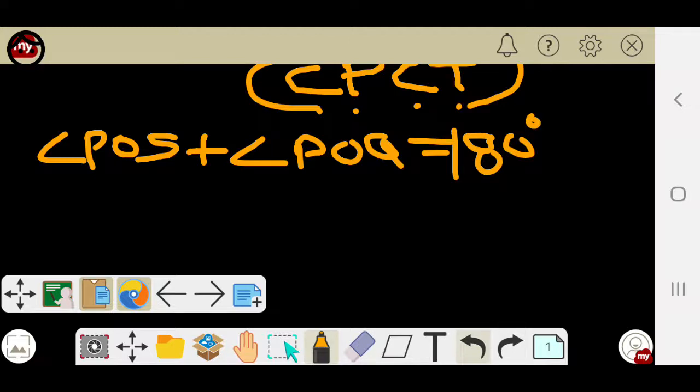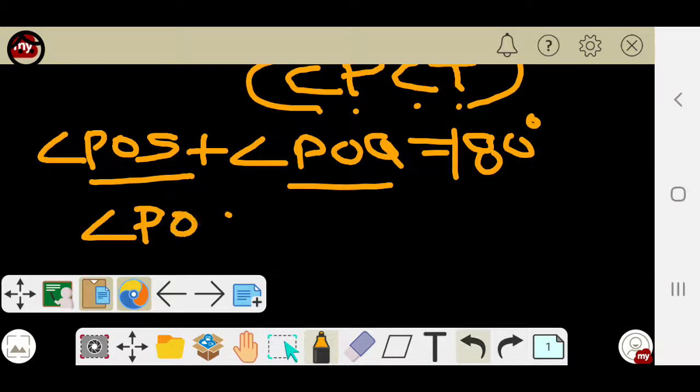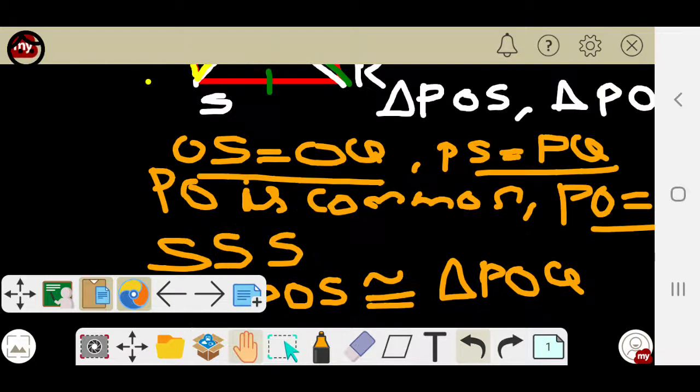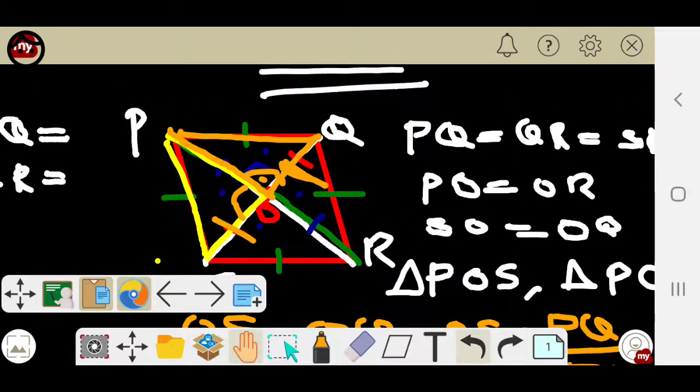Not only that, these two are equal because they are corresponding angles of the congruent triangles. Equal means each one should be 90 degree. So angle POS equal to angle POQ equal to 90 degree.